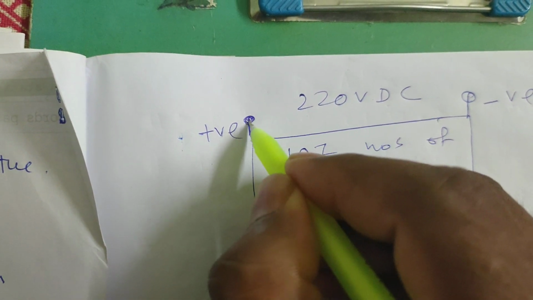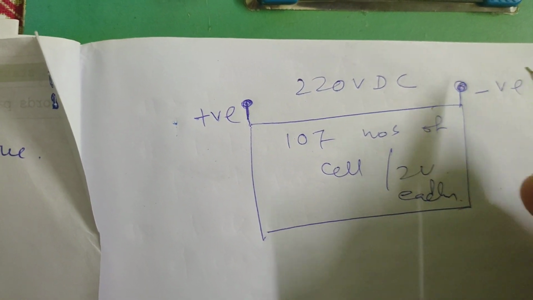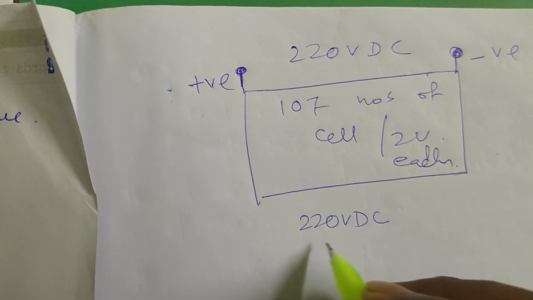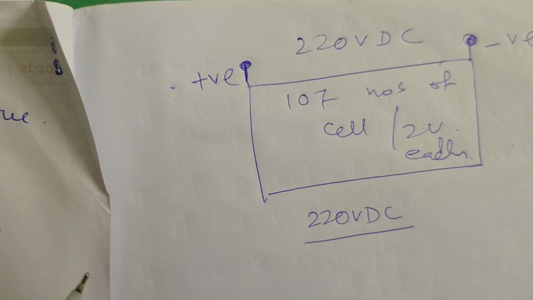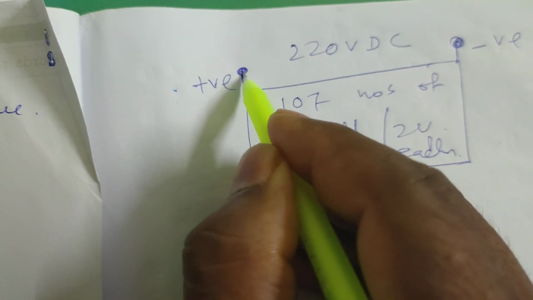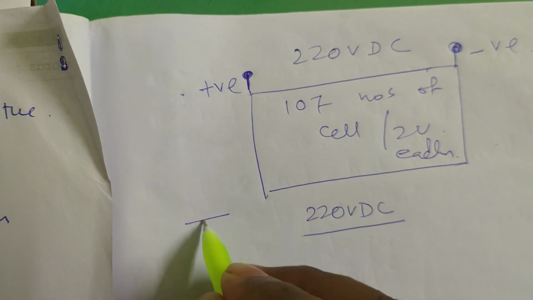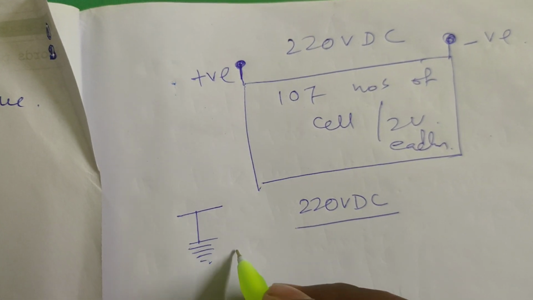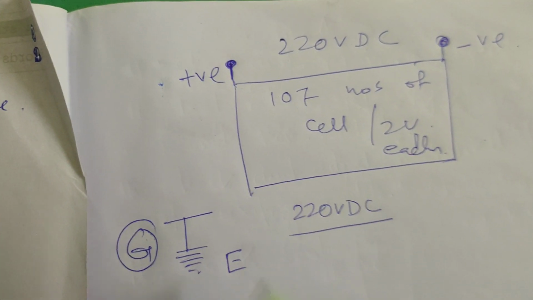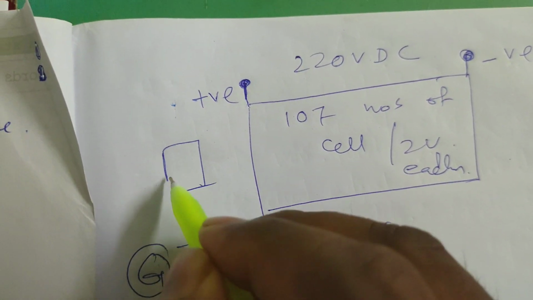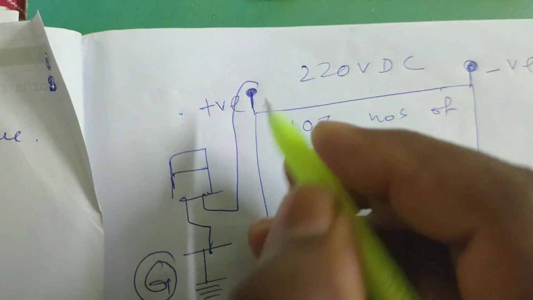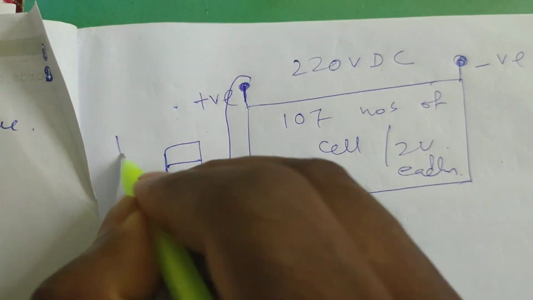In between the positive and negative terminals, you will get 220 volt DC with the help of the multimeter probe. If you measure the voltage between this terminal and ground, suppose this is the ground or earth, G for ground, E for earth, with one probe here and another probe here, you will get half of the voltage.